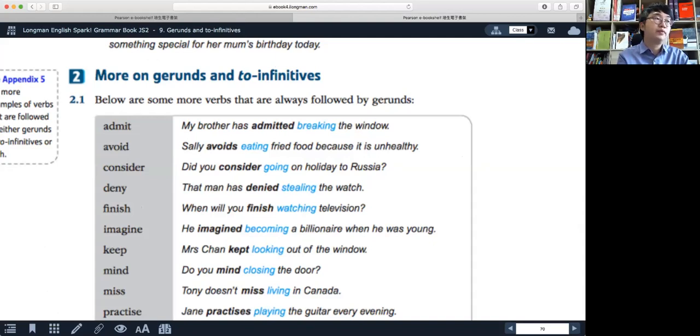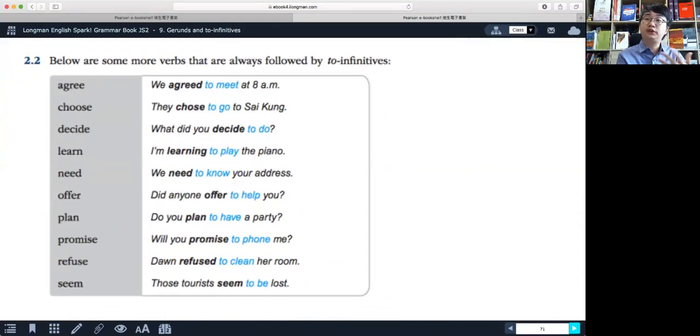Avoid, consider, deny, finish, imagine, keep, mind, miss, practice, suggest. All right. So the words that I just told you are verbs which are always followed by a gerund, verb plus ing.